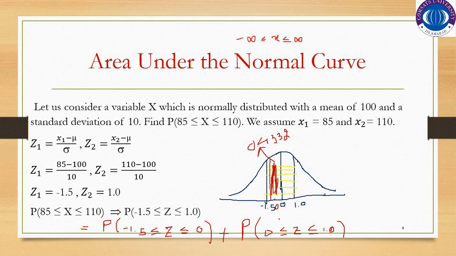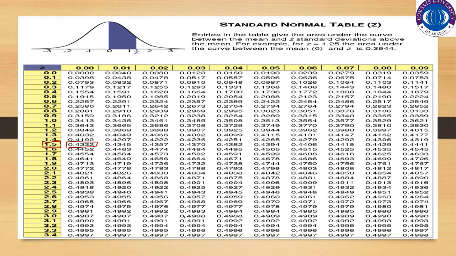Now you have to find out this area from mean to specific point z, and this specific point is 1.0. So you will look at the random variable z, which is 1.0, and select the column containing the 0 value, 1.000, so it will be 0.3413.